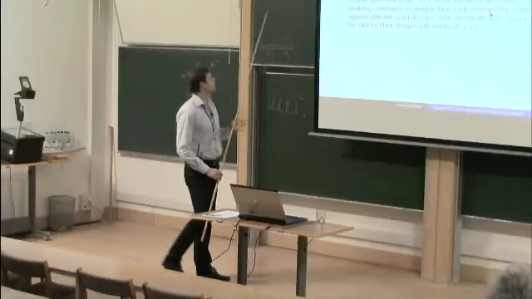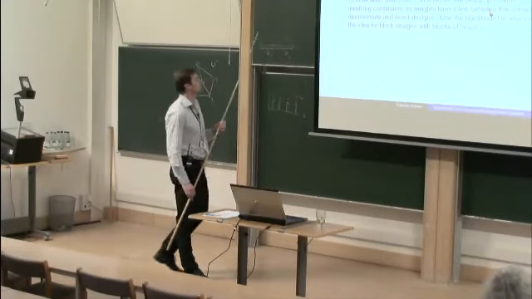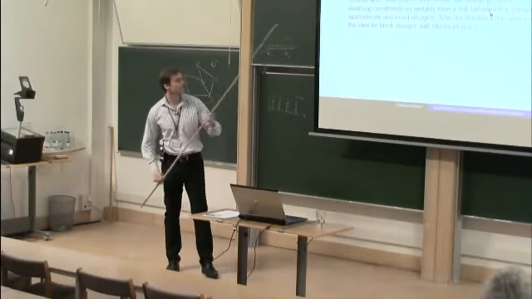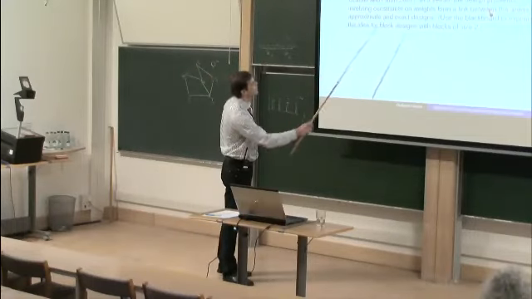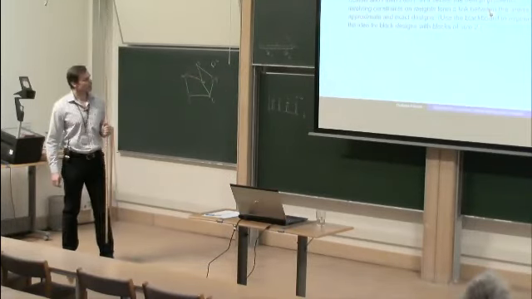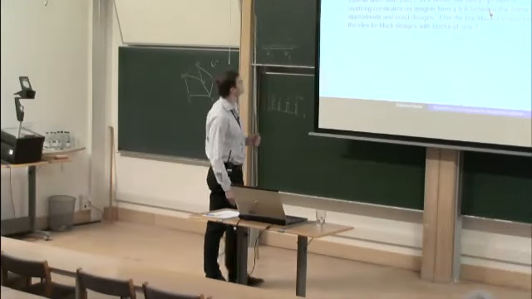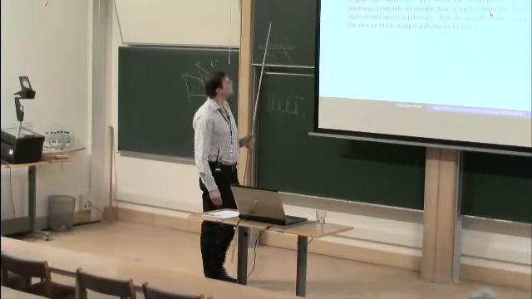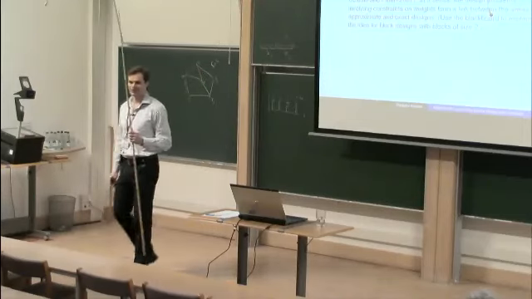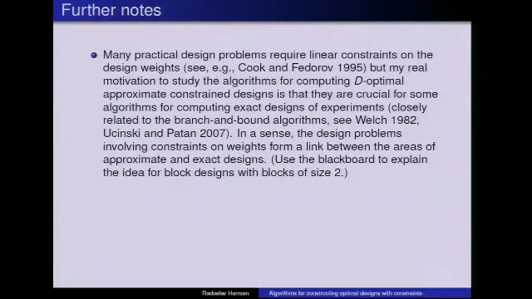And so, in many practical problems, we have some linear constraint on the design weights. There is a nice survey paper by Cook and Federer from 1995, published in Statistics, that is solely devoted to constrained design problems. But it was not my real motivation to develop these constrained algorithms.